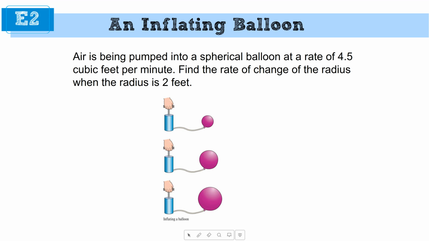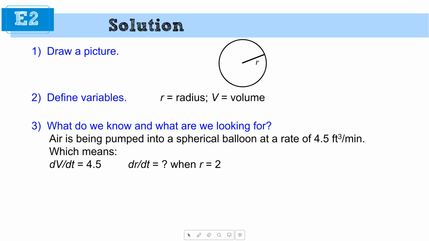What are we looking for? dr/dt. dr/dt, very good. And we're going to look for that when r is equal to 2. So that's what we're looking for, and that's what we know. dV/dt is 4.5, dr/dt is question mark, but we want to find that value when the radius is 2.